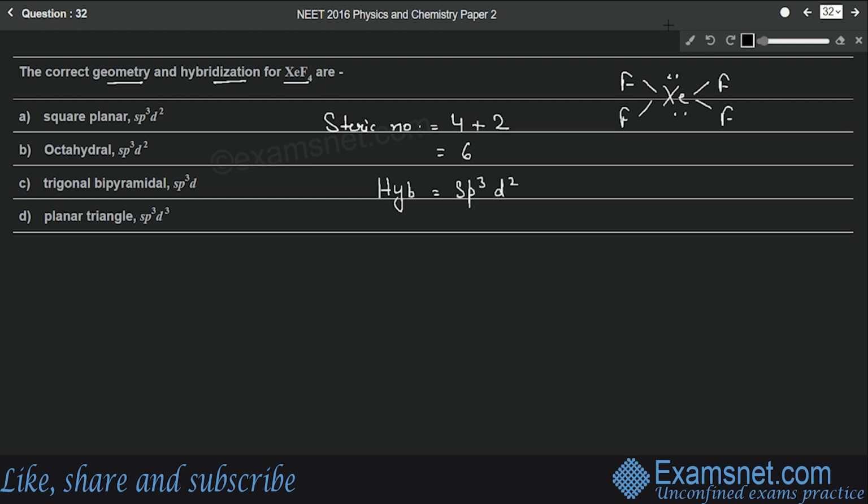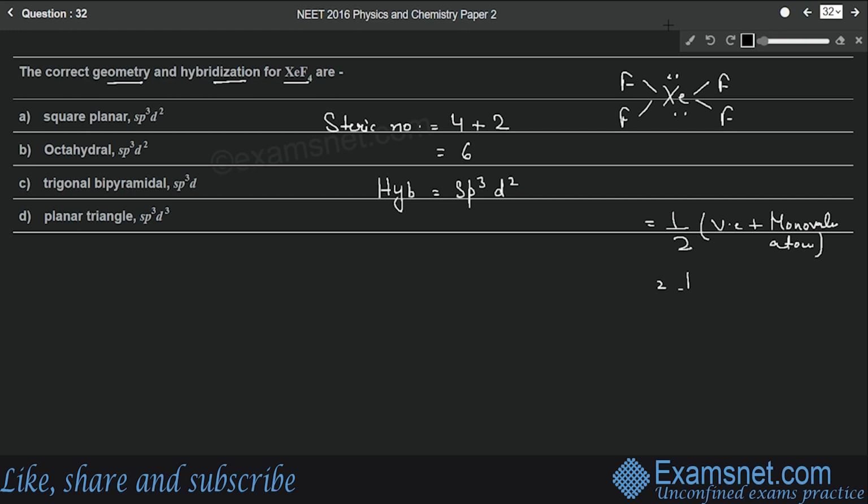Hybridization is sp3d2. And what is the other way to find the number of hybrid orbitals? We know that the number of hybrid orbitals is equal to half into the number of valence electrons in the central atom, plus the total number of monovalent atoms, plus or minus charges, but there are no charges here.